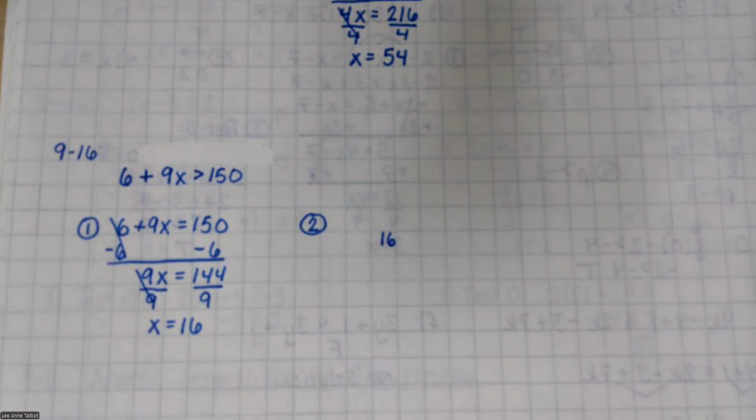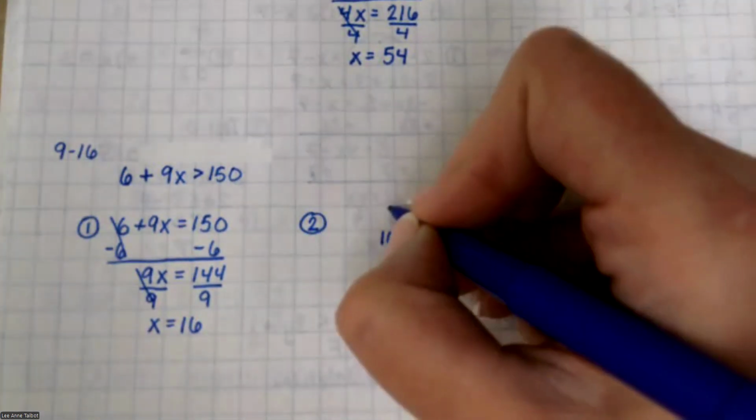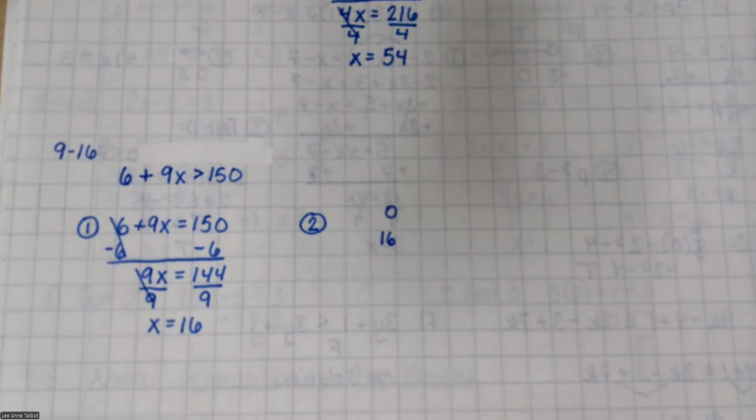Should it be open or closed at 16? Open. And should 0 be on the left or the right? Left.